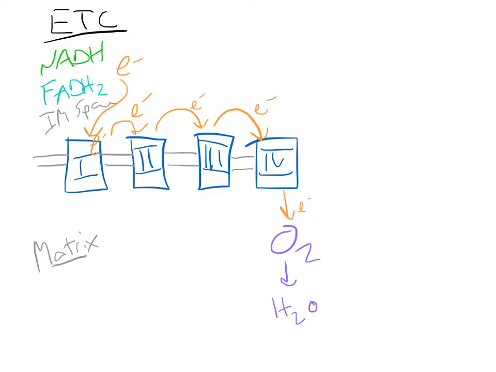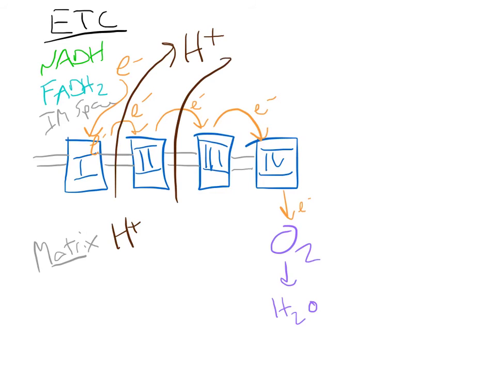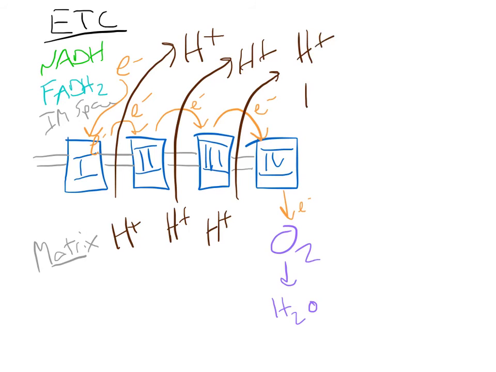Well, remember that as all of these complexes are passing their electrons down, they are going to be pumping hydrogen out of the matrix. And this is a pump, right? So this is active transport, pushing these hydrogens out against their gradient. So we're building up a hydrogen gradient that is greater here on the outside in the intermembrane space. The idea here is that we'll build up this gradient so those hydrogens will want to go back into the matrix by diffusion.